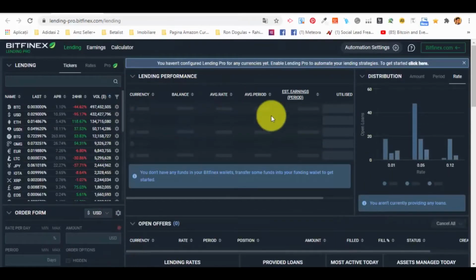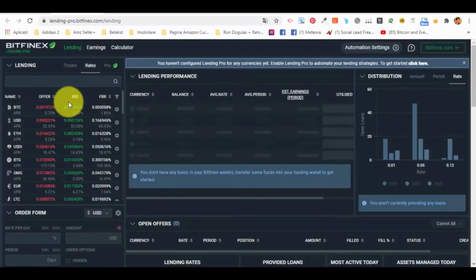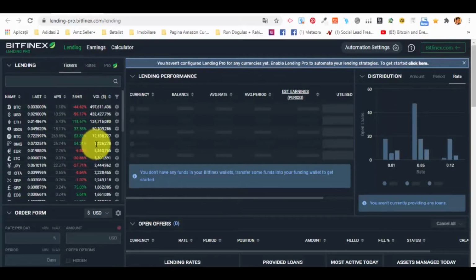Okay, so this is the lending pro function, where you can check here the currencies that you can lend, and you can see the rates. Basically, what you have to do here is compete with other people on the rates that you offer in return.